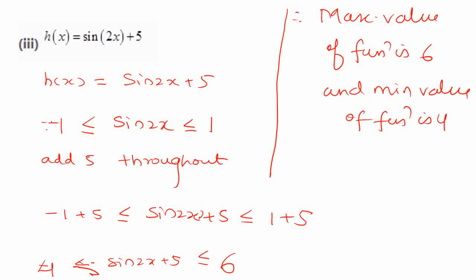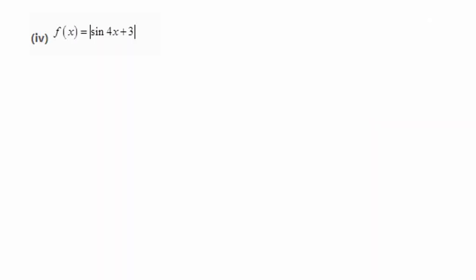Okay then, so next question is f of x is equal to mod sine 4x plus 3. Since we know sine function has range minus 1 to 1, closed interval, means maximum value of sine function is 1 and minimum value is minus 1. For any values of theta, here we have been given angle 4x. So what we can write here?